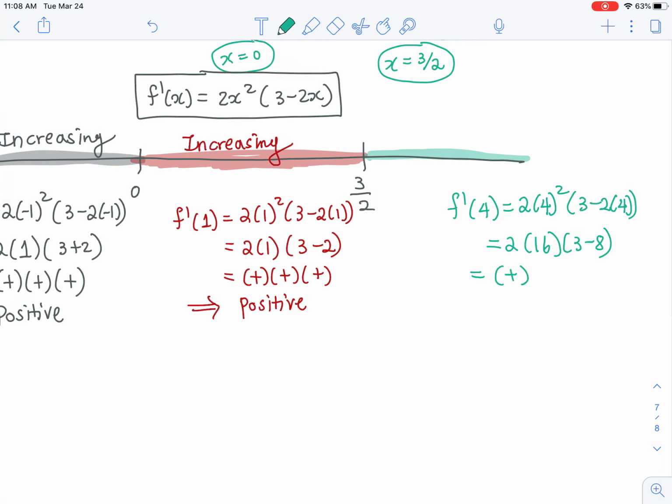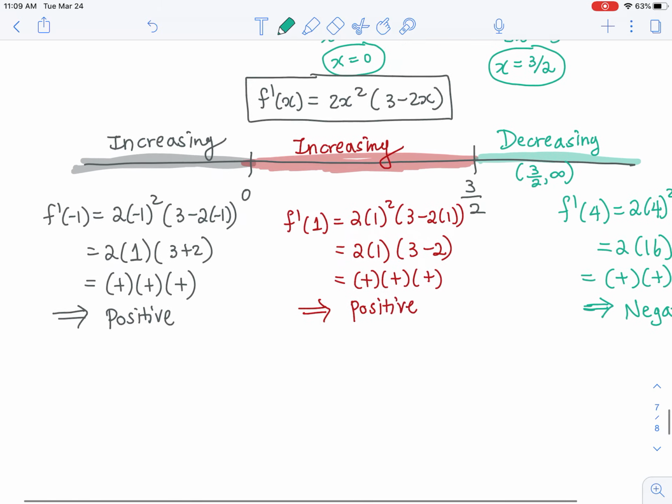That's a positive number times a positive number times a negative number, so I get a negative product. A negative derivative means my function is decreasing on the interval 3/2 to positive infinity.